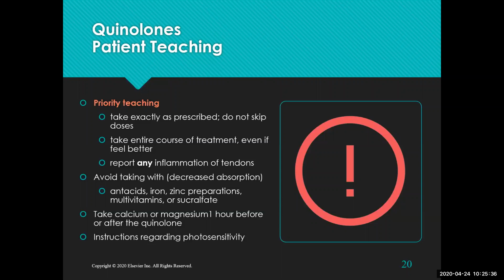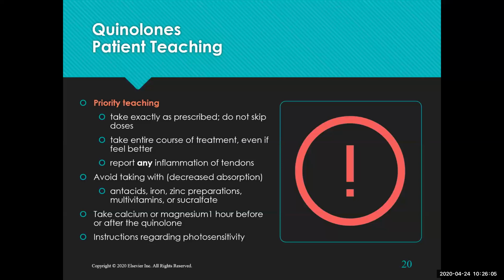Antibiotics must be given on a timed schedule because otherwise we run the risk of antibiotic resistance. And do not skip doses. Take the entire course of treatment. Even if you feel better, do not stop. You have to take the full 10 days or the full 5 days or 14 days, whatever the prescription is for. And when it comes to quinolones, any tendon inflammation needs to be reported immediately. So those are your priority teaching pieces.